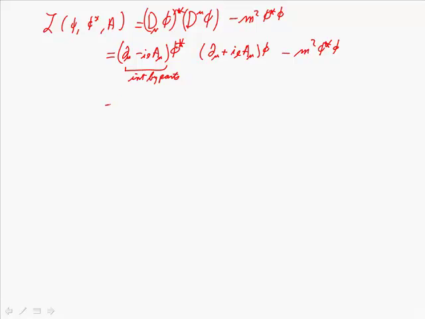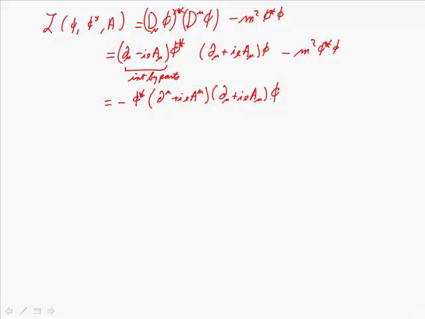So this turns into, there's a minus sign from that, phi star sits over here, it becomes d mu plus i e A mu acting on d mu plus i e A mu, both acting on phi.